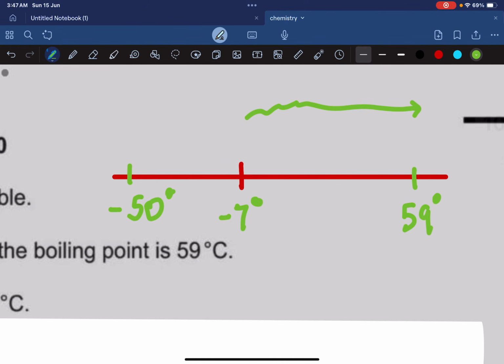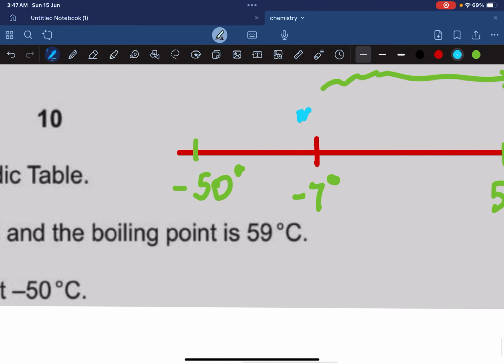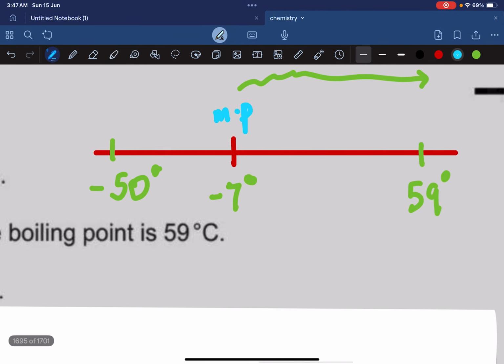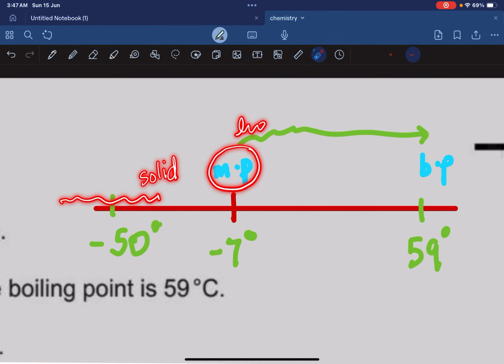So -7 is the melting point, and 59 is the boiling point. Here bromine is a solid, and at the melting point the solid is going to turn into a liquid.